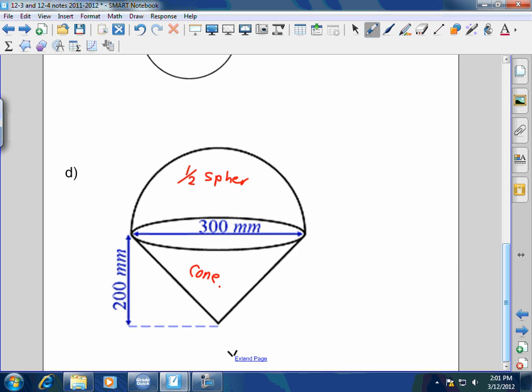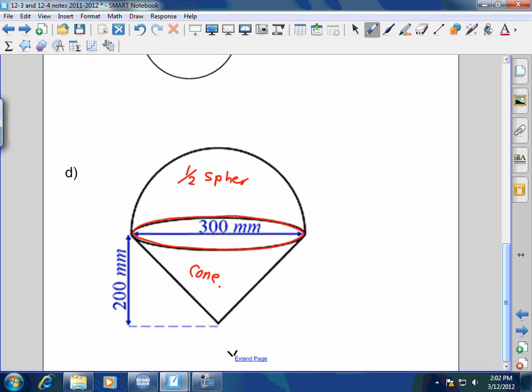I was just told this is an ice cream cone without a base. Yes. The actual surface of this that belongs to the cone, is that inside the figure or on the outside of the figure? So are we going to include that in our surface area?